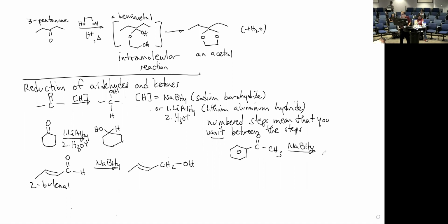By the way, let me teach you another abbreviation, not because I'm really concerned that you always use these abbreviations, but if you ever see Ph like that, capital P, lowercase h, that means phenyl group, C6H5. You would get this alcohol. And in fact, you can write C6H5 here also, perfectly acceptable.